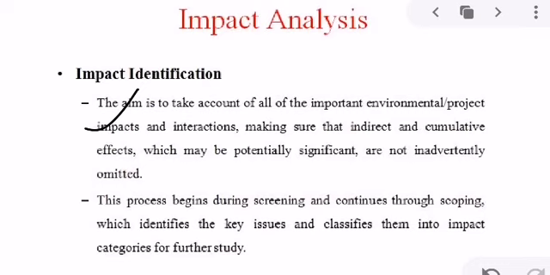Okay. So this process begins during screening and continues through scoping, as we already mentioned, which identifies the key issues, classify them into impact categories for the further studies.